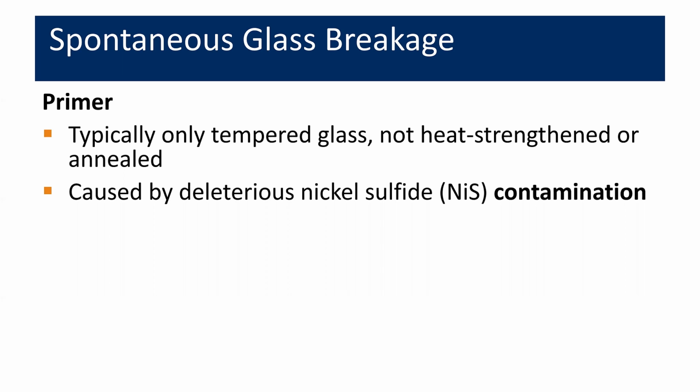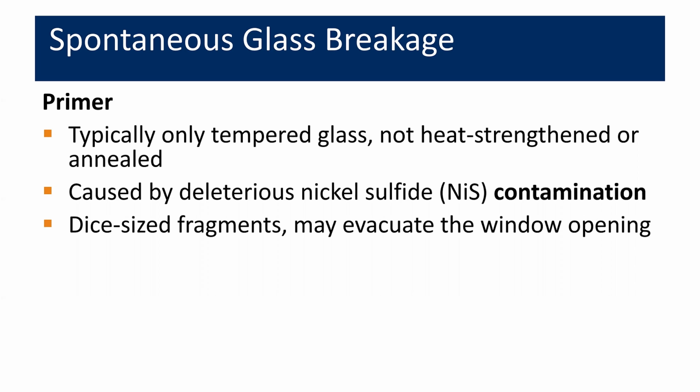It's not like the strength reducing effects of glass weathering, for example, that are considered in design. So there can be some much less common types of inclusions that lead to breakage that we've seen, but they're even more rare, and those can include silicon and iron phosphide in our experience.